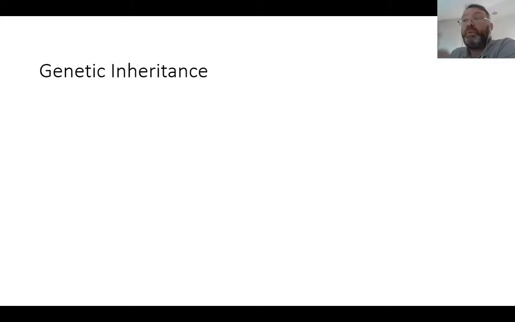In the last lesson we looked at reproduction, basically an introduction to reproduction, and we said that in the plant and animal world there are two major ways by which animals and plants can reproduce. One of them is sexual reproduction, which involves male and female parents producing gametes. Gametes are cells that have half the normal amount of genetic information, and those two gametes then fuse.